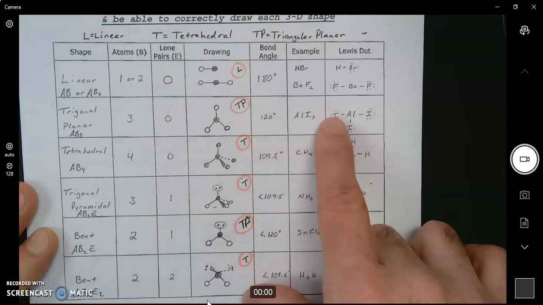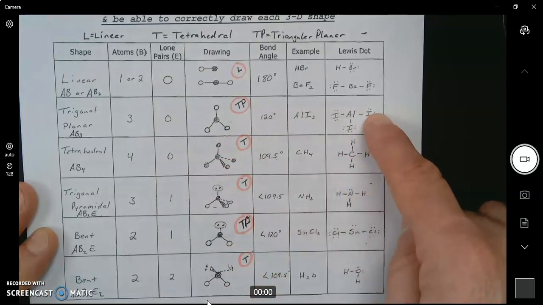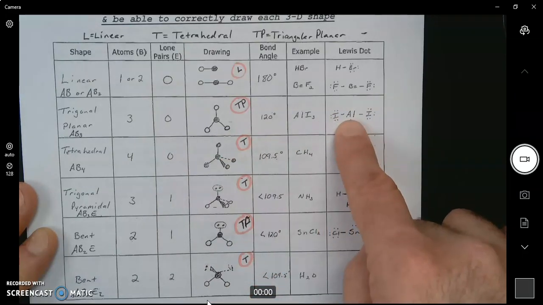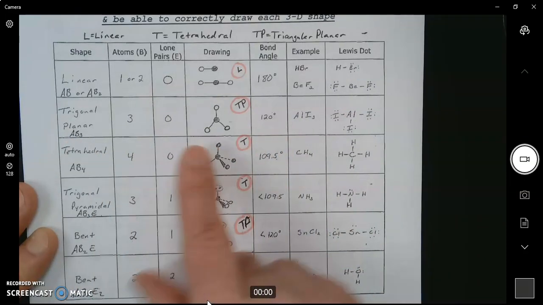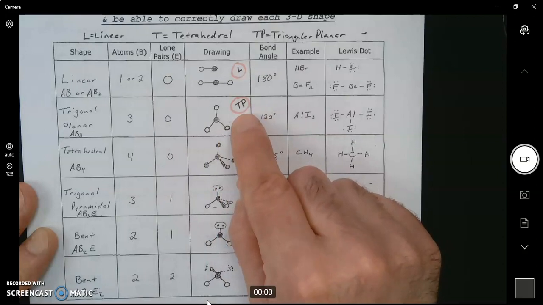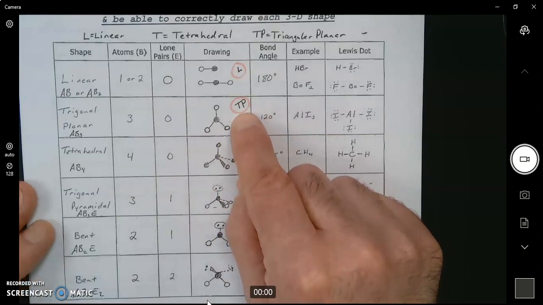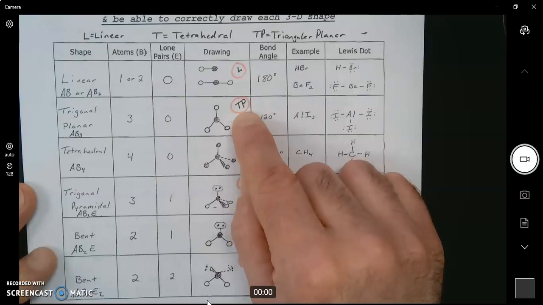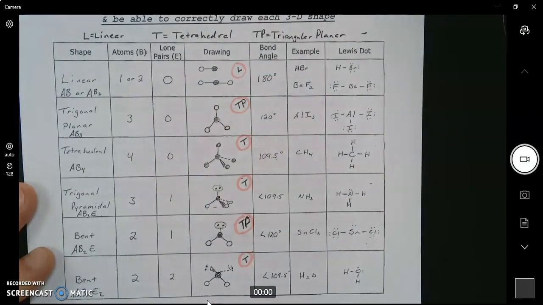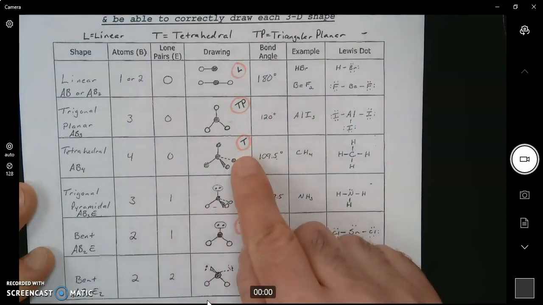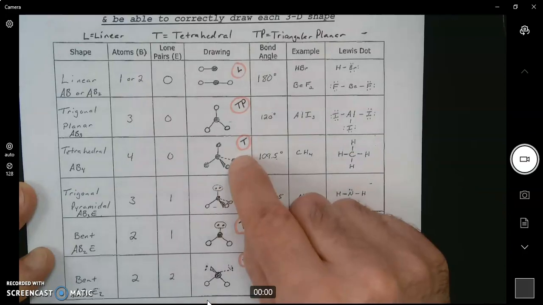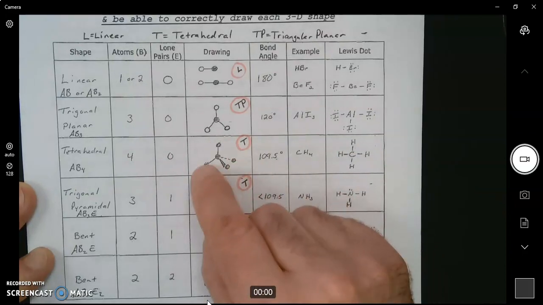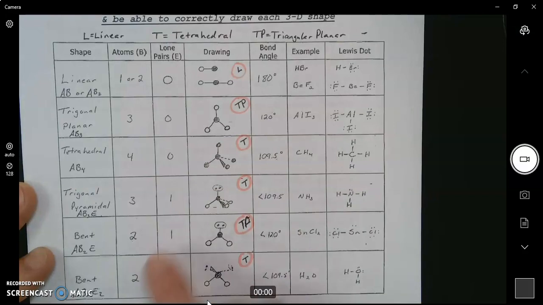If you have 1, 2, 3 atoms around your central atom, that gives you the triangular planar shape. It also gives you the triangular planar family, or the electron geometry would be triangular planar. 1, 2, 3 items around it. If we go to tetrahedral, now we have 1, 2, 3, 4 atoms, or 4 items or domains around the central atom.